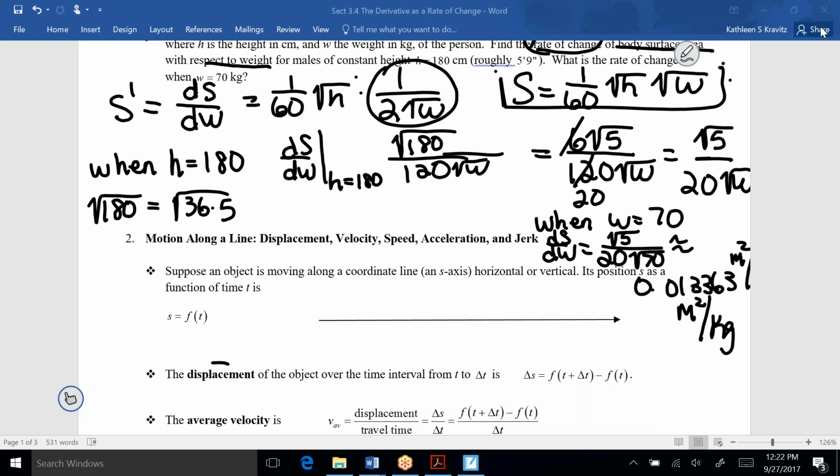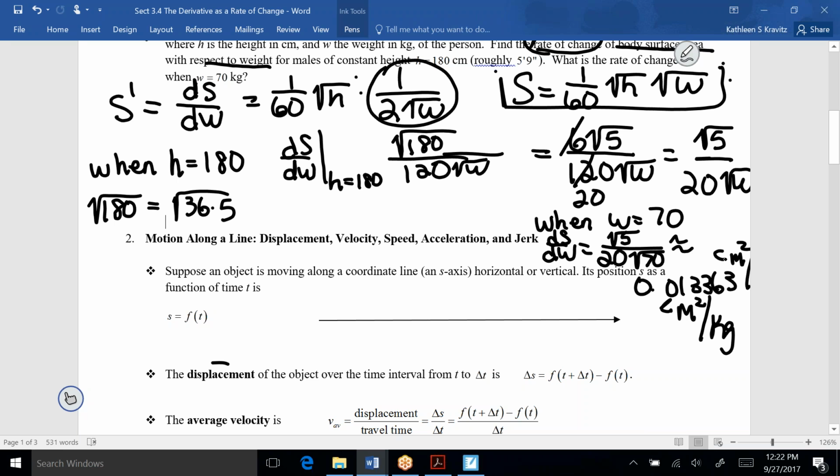All right, so not meters squared per second, that doesn't make sense. So it's meters squared per kilogram. And actually, it's not even meters, it's centimeters. So centimeters squared per kilogram, not meters.